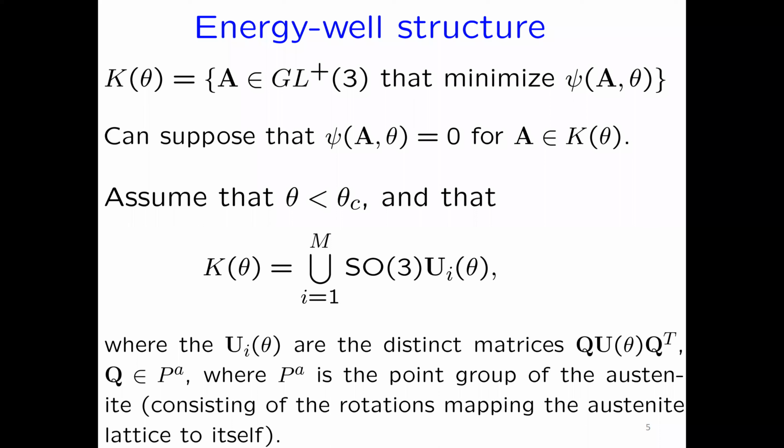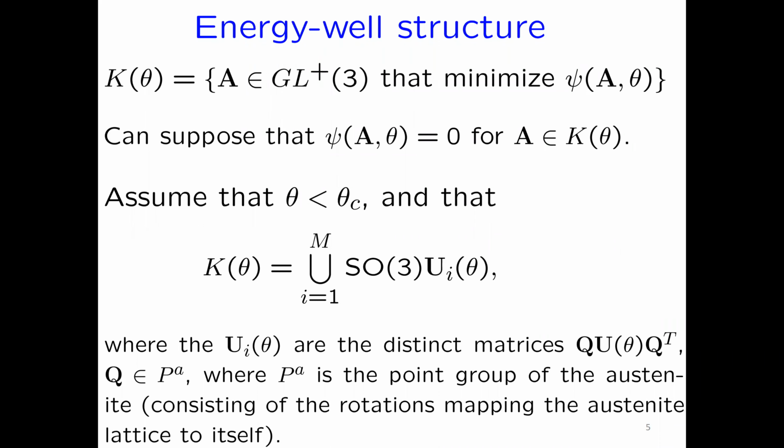And let's suppose now that the temperature is less than the critical temperature. So now K of theta, we assume, is going to be the union of a finite number m of energy wells. Well, U of theta was the transformation strain. Here we've got U_i of theta. So they're the distinct matrices Q U(theta) Q transpose, where Q belongs to the so-called point group of the austenite.